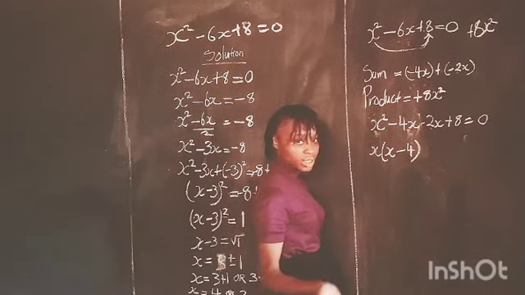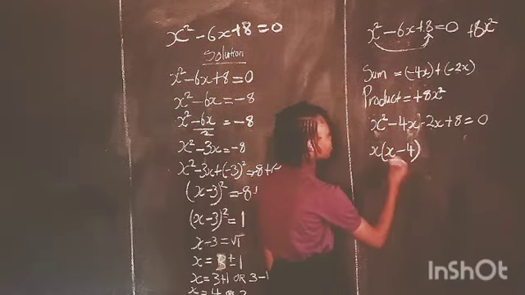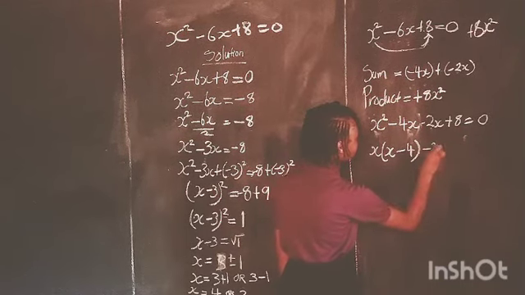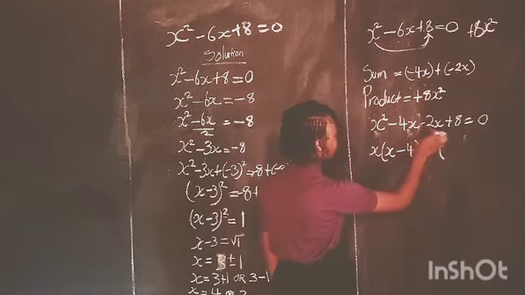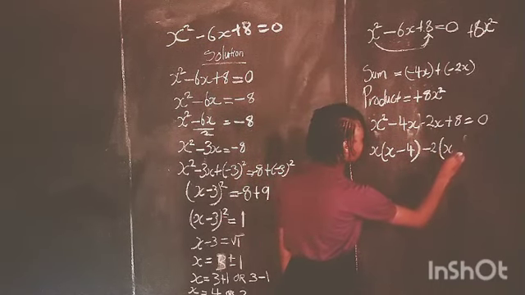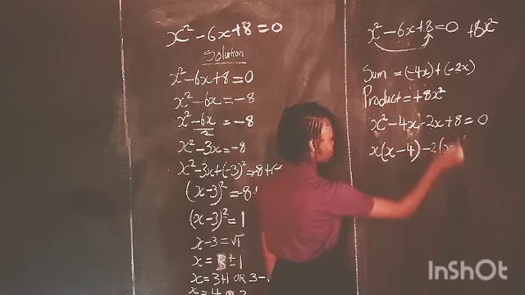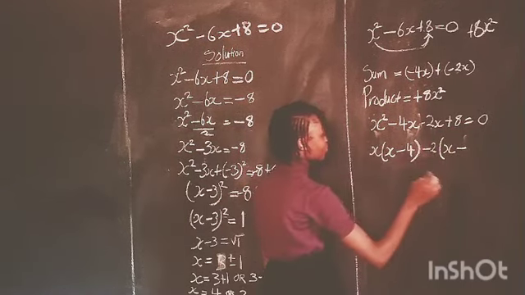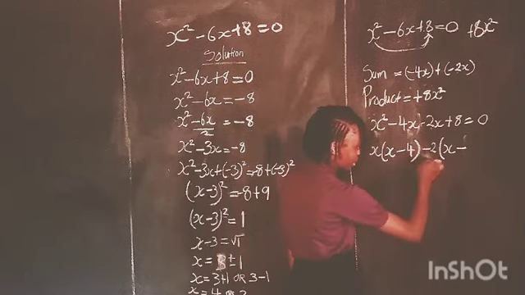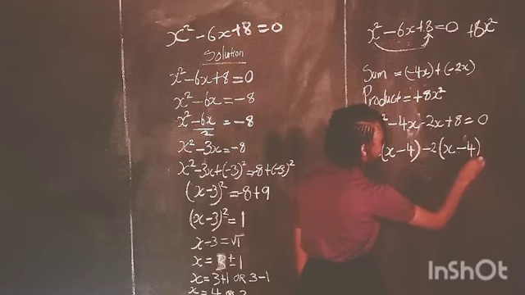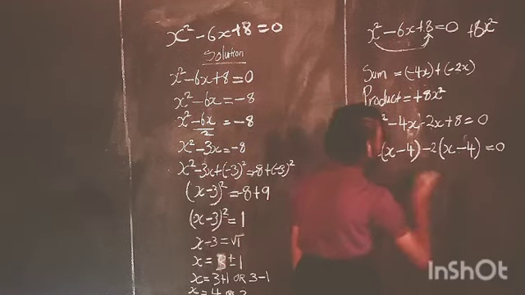Sometimes you have to use 1 in some cases, but this one now we're using minus 2. So minus 2x divided by minus 2 will give us x. Minus times plus will give us minus. And then plus 8 divided by minus 2 will give us minus 4, equal to 0.